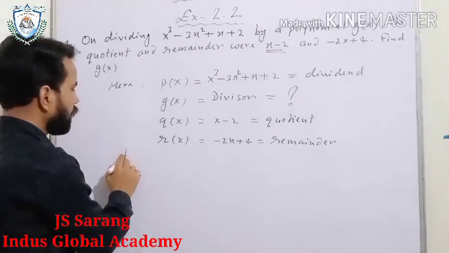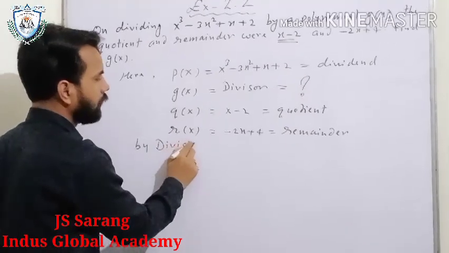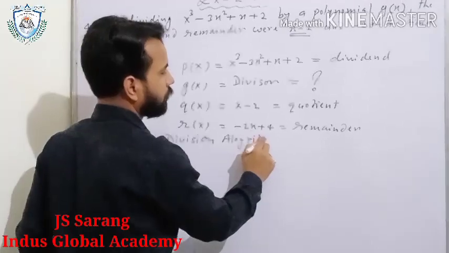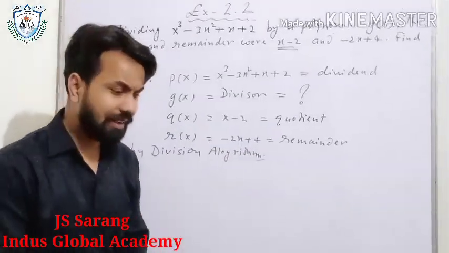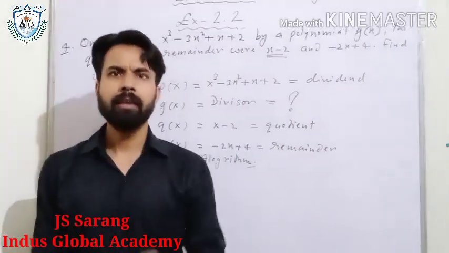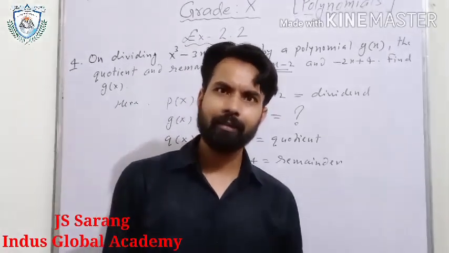So how can we solve this? We will use the division algorithm. What is the division algorithm? You have already studied it in the previous classes. Division algorithm: dividend is equal to divisor into quotient plus remainder.